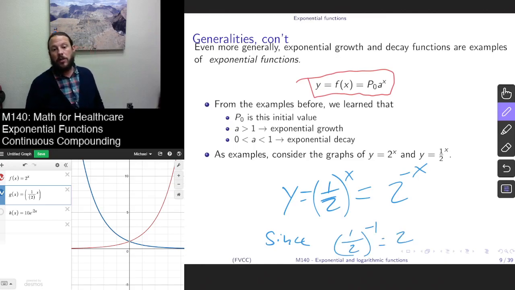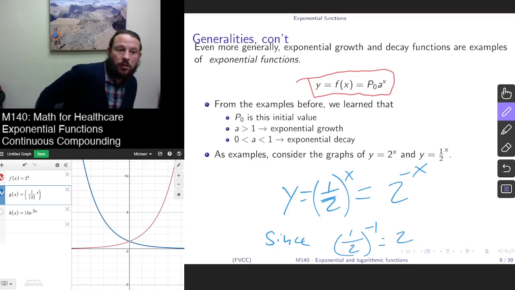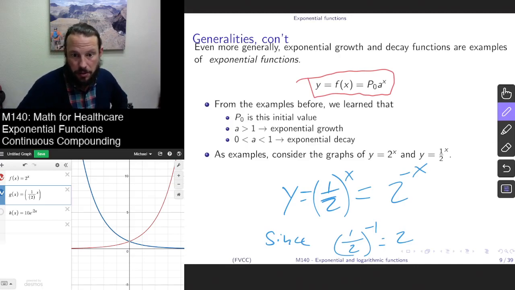That's just a reminder of some things we did in a review, and to recognize that they're the same thing. You may see it sometimes as 2 to the negative x.